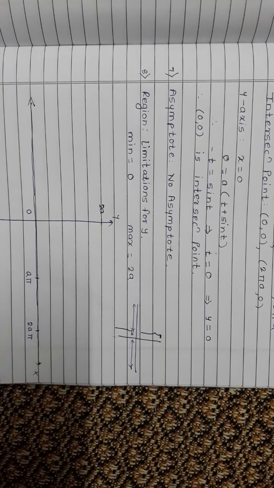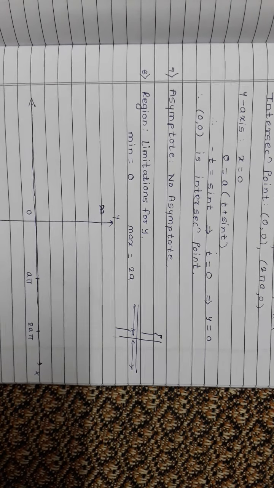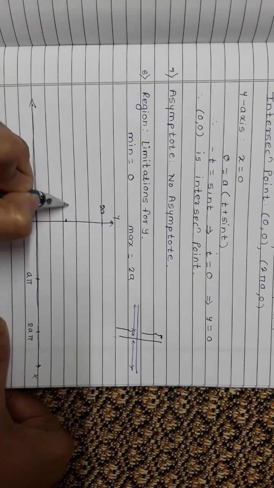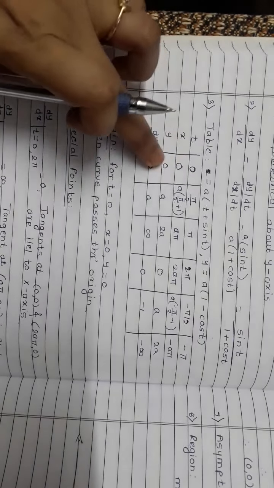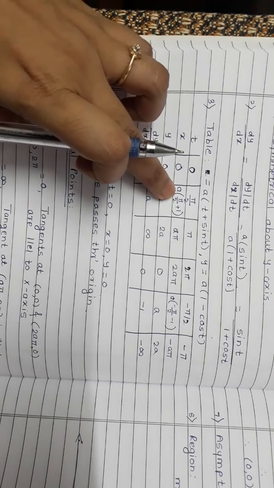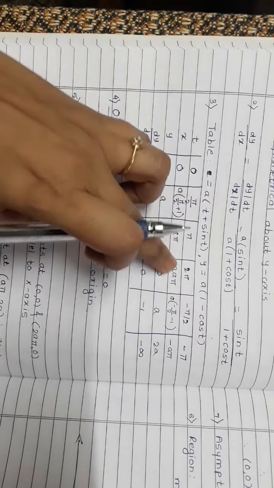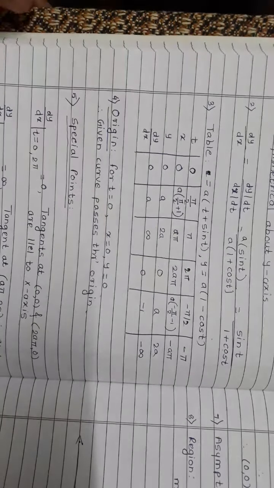So from the table, just plot all the points one by one. The first pair I'm getting here is (0, 0), then x is a into (pi by 2 plus 1) comma a, then (a pi, 2a), then (2a pi, 0), right? So let's try to plot these points.